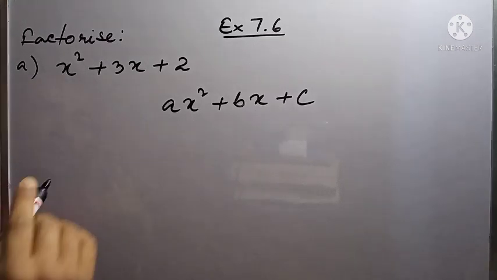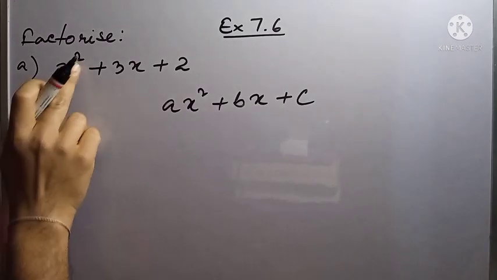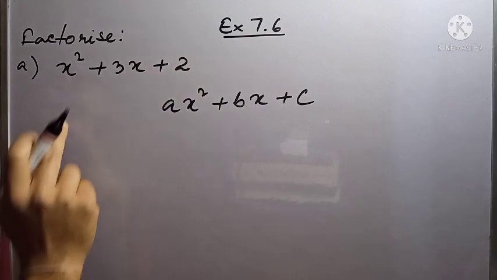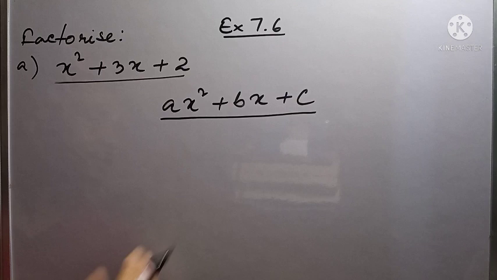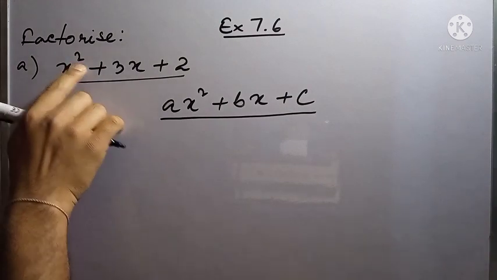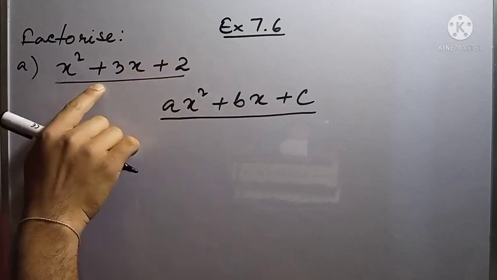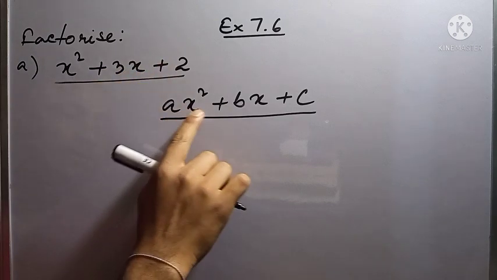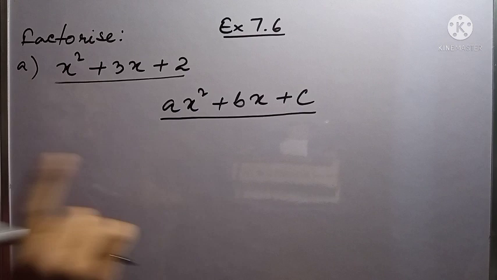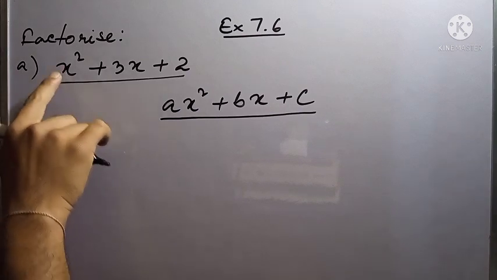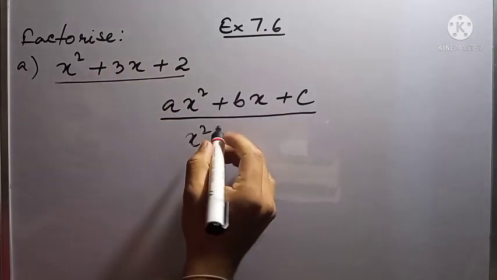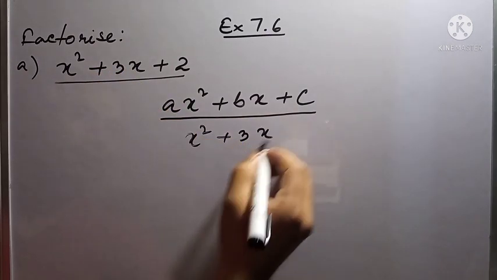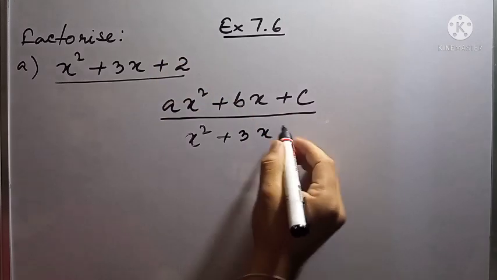So we have here x squared plus 3x plus 2. This is actually in the form of ax squared plus bx plus c. Let us compare. This x squared, next plus 3x, next plus 2.